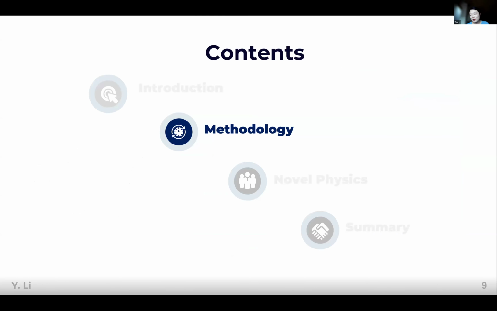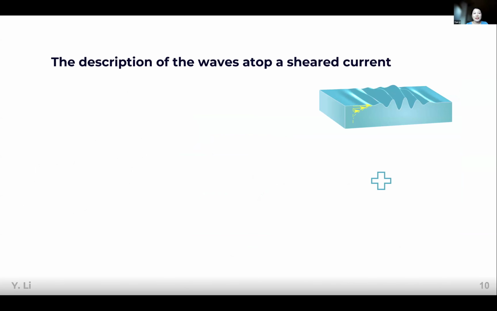Now I'm going to introduce a little bit of the methodology that we used. Basically, we use analytical approximations to describe the waves atop a sheared current. This means the following: we consider a depth-dependent current which has a magnitude and also a direction which vary with the depth, and its velocity orientation will be in the horizontal plane.